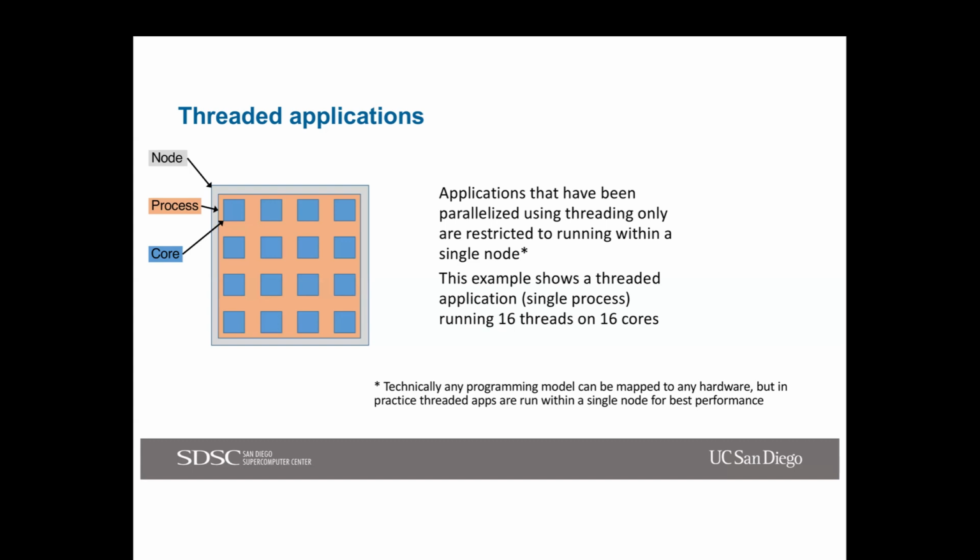So if your application is only multi-threaded, you'll have a single process running on the node, but you'll have all the threads across all of those CPU cores running on the node. Here, this assumes that you have one thread per CPU core. Maybe we should change these diagrams a little bit to point out the thread. So here you have one process that has a thread distributed on each individual core, and that's the visualization here.